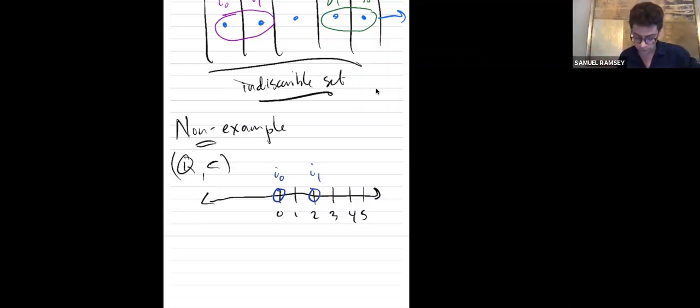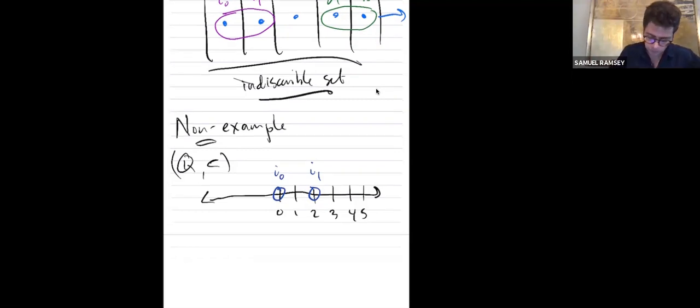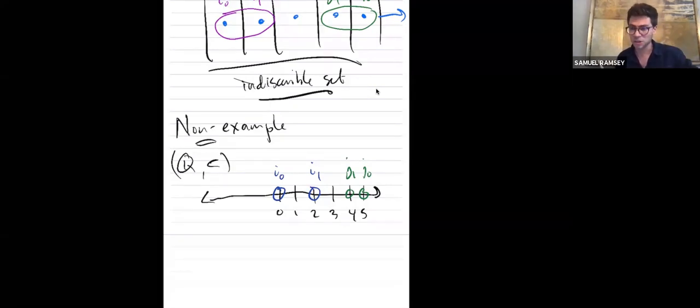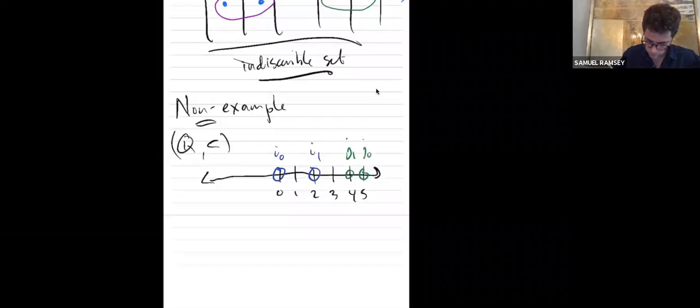So this is an indiscernible sequence. But suppose I take a different pair and I put J0 on top and J1 on bottom. So it looks like this. Now what does the type say? It says that the first one is greater than the second one because I list J0 first. So recall I'm defining a sequence now so that a_i equals i for all i in omega.